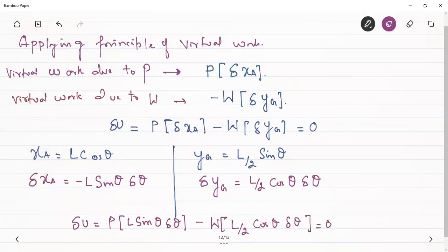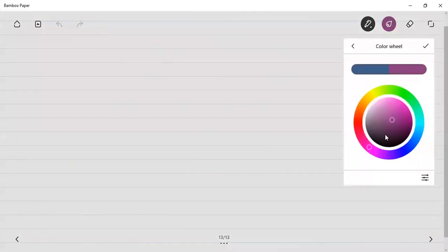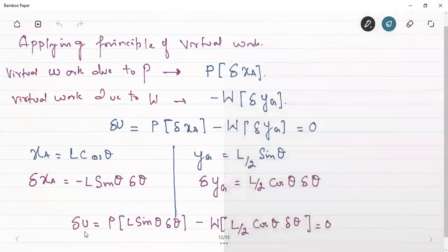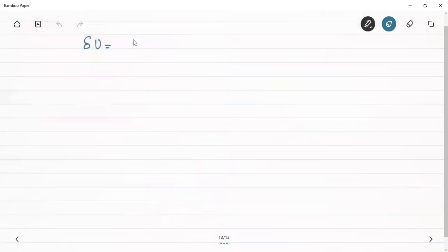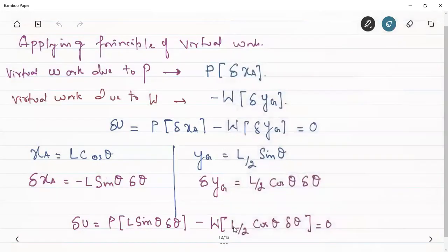Okay, so we can simplify this equation. This delta u is equal to, we can take delta theta to be common, and in the brackets we can keep PL sine theta minus WL by 2 cos theta.